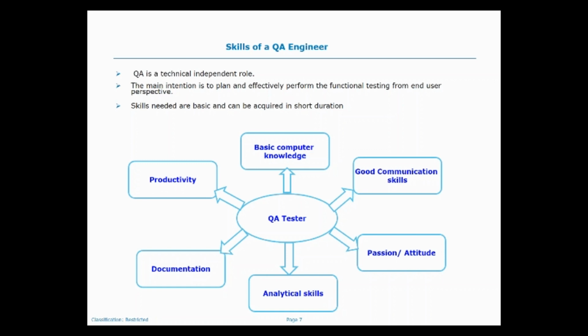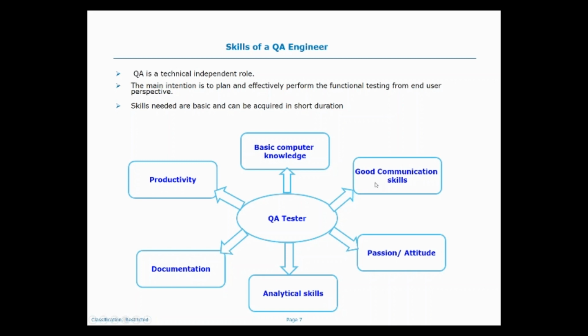So what are the different skills that a QA engineer will need? The basic computer knowledge, which everybody of us has nowadays, and then there should be very good communication skill. Why do we need good communication skill?